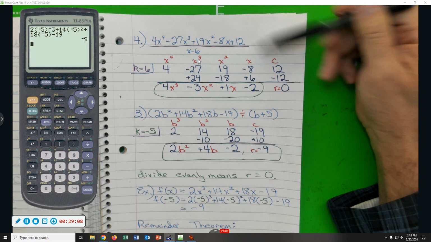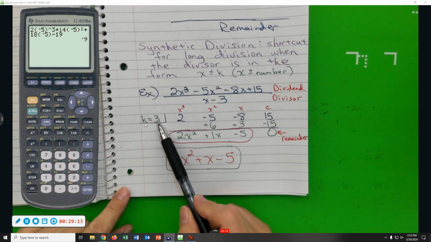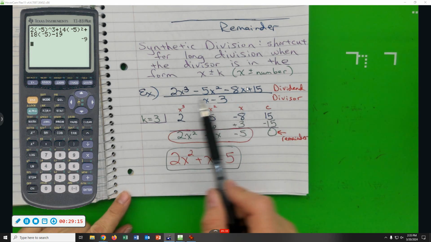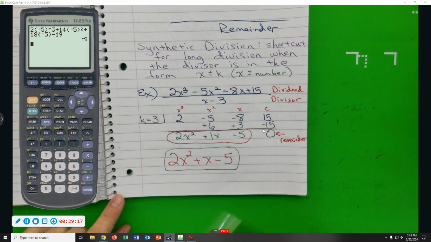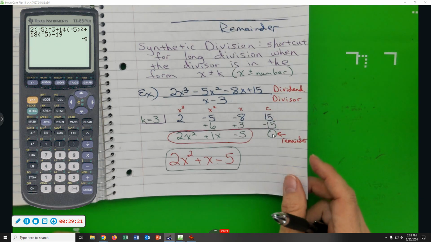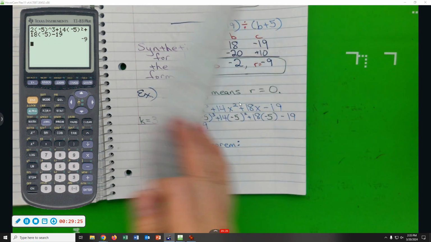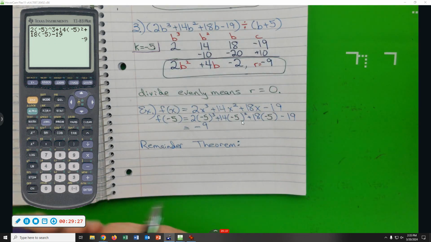You would get a 0 there. Suppose you needed to plug 3 into this top. You would get a 0 as well. It was a lot easier back in the olden days to use synthetic division rather than doing it all by hand.